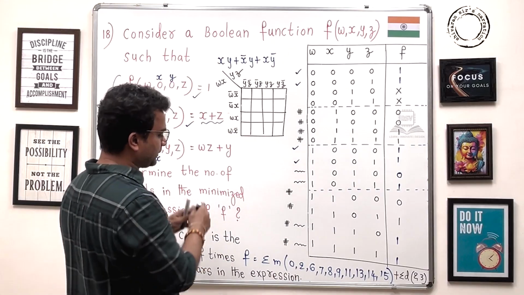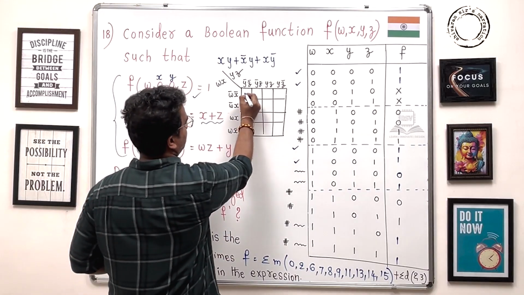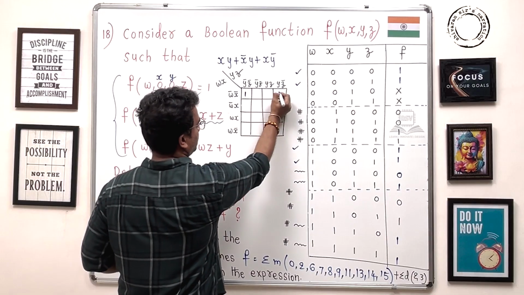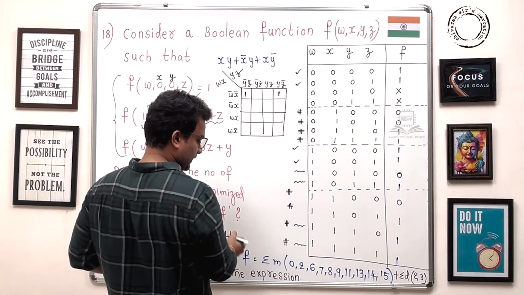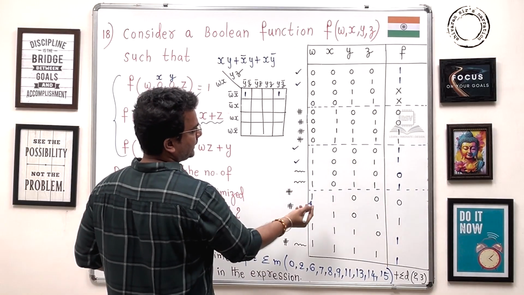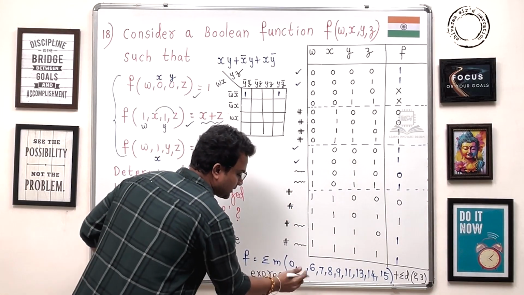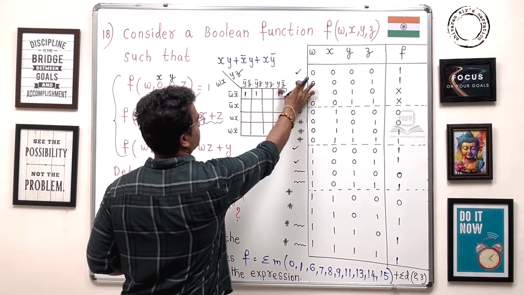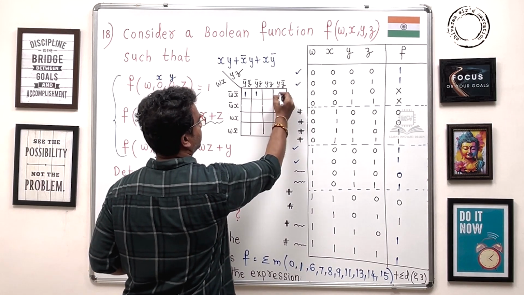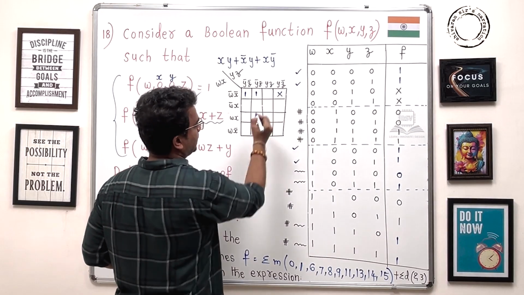Now map them so that 0, 1, 2. Again, it is like 0, 1. Oh, sorry guys, this is 1. 0, 1. And this will be don't care. 3, don't care.